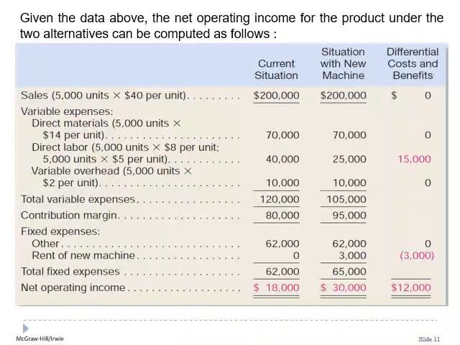This is the reason that costs and benefits that don't differ between alternatives are irrelevant and can be ignored. If we properly account for them, they will cancel out when we compare the two situations.